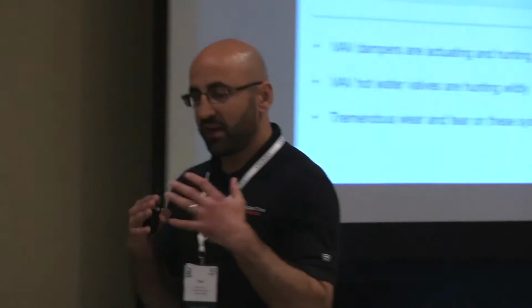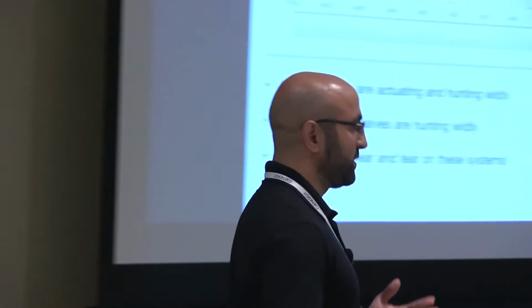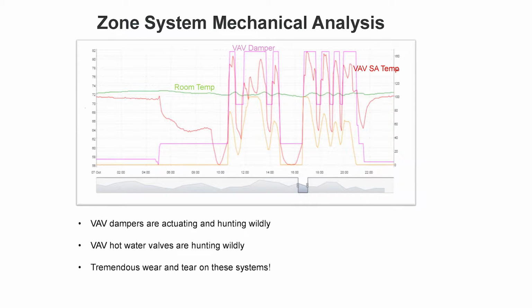So if you kind of open up the hood a little bit, in this example, there's actually a lot of fluctuation in the supply air temperature coming out of the VAV. And also the hot water valve on the VAV box, the temperature is also fluctuating quite a bit.